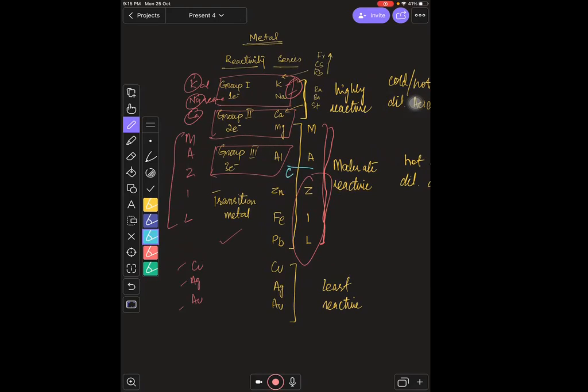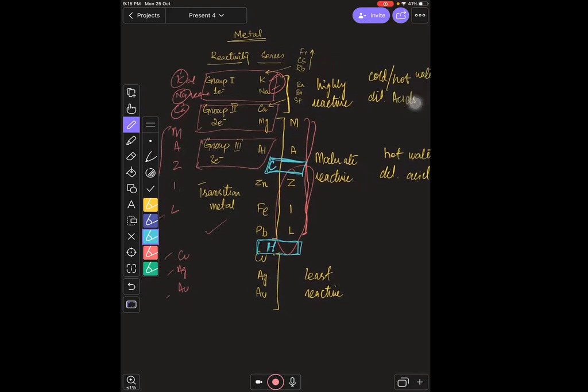So you can place carbon between these 2 elements, after magnesium and aluminum, and you can put hydrogen over here. In fact, hydrogen is also not a metal, but it can form a positive charge, so we can put it over here, right, Bacho?